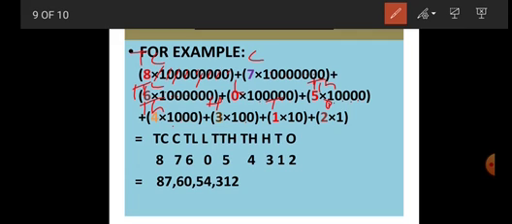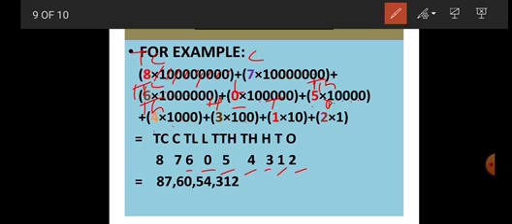First we find out the place of each digit, and you draw a place value chart and put the digits in their places. 8 is in which place? 10 crore place. So you write 8 is in 10 crore place. 7, crore place. 6, 10 lakh place. 0, lakh place. 5 is in 10,000 place. 4 is in 1000 place. 3 is in 100 place. 1 is in tens place. 2 is in ones place.